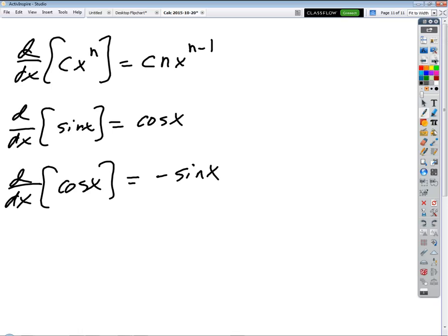Those are also rules. And the last one is just negative. The derivative of cosine x is just negative sine x.